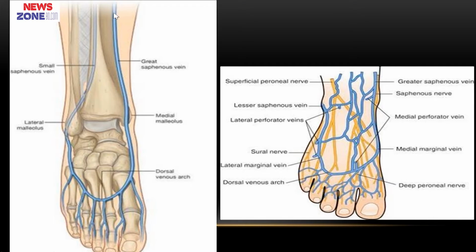This figure shows this is great saphenous vein. Here dorsal venous arch is formed and laterally this is small saphenous vein.